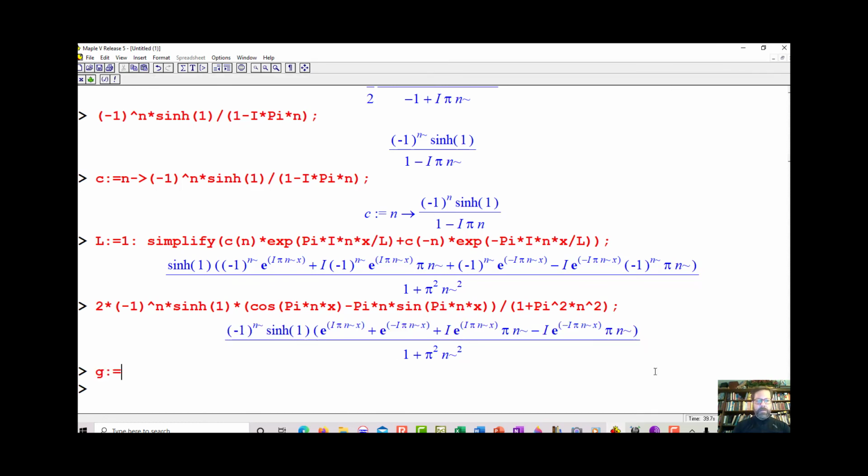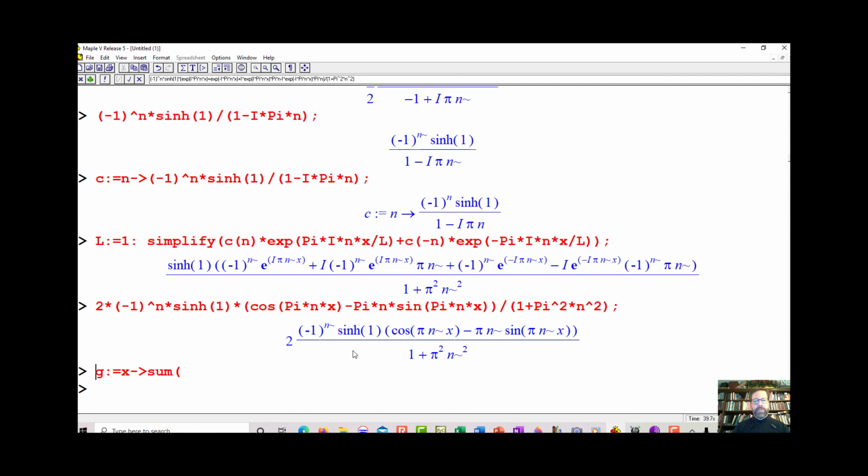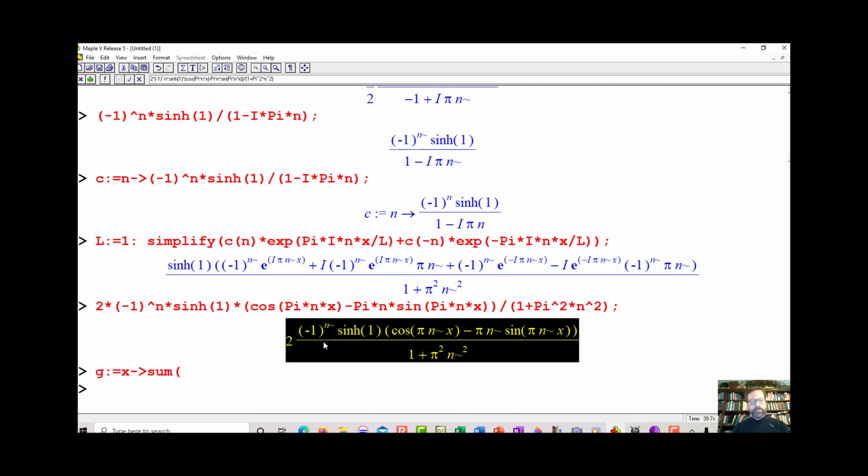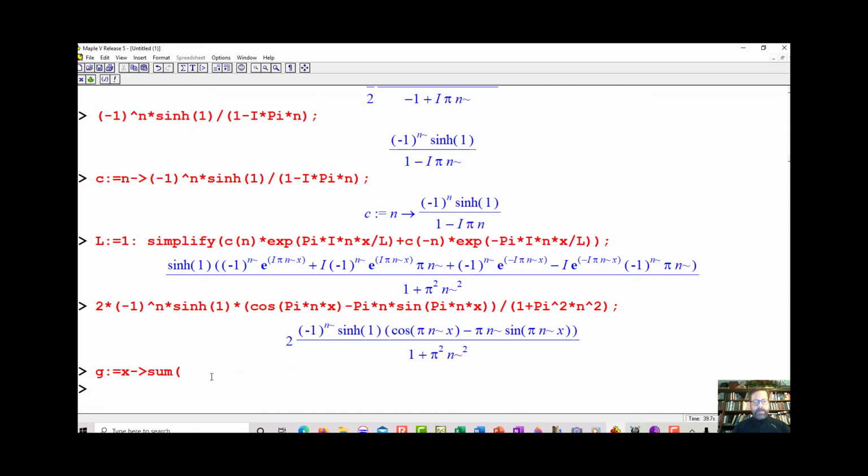Let's define our function now. It's going to be the sum of, oops, I want to go back and redo this. There we go. The sum of these things, n equals, let's see, where should we start these?